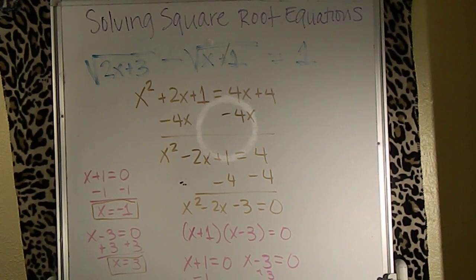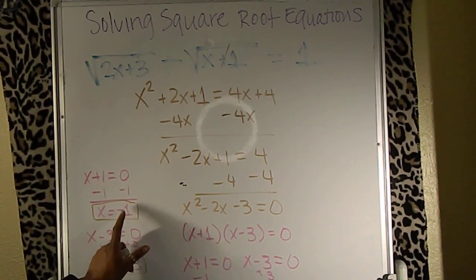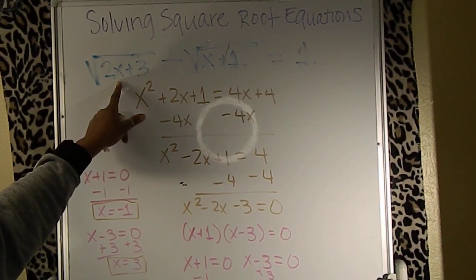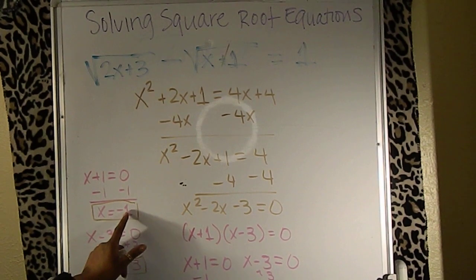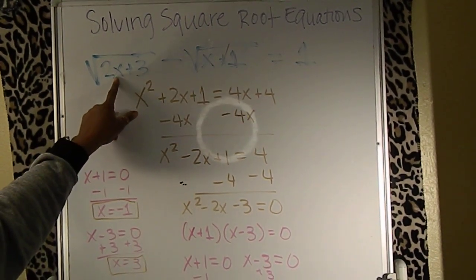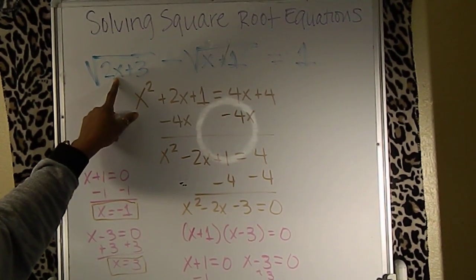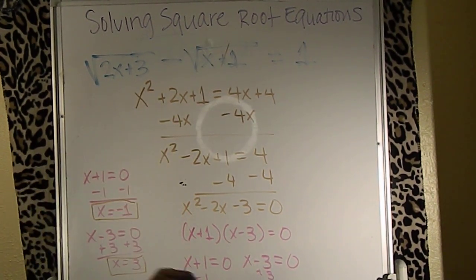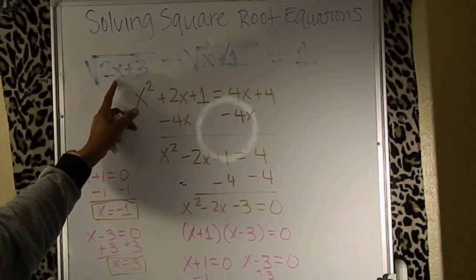And so technically, just so you know, you could take each of these values and substitute it back in here and see which one makes a true statement. So negative 1, 2 times negative 1 is negative 2. And negative 2 plus 3, my signs are different, so I'm going to subtract my values. 3 minus 2 is 1. 3 is positive, so it's positive 1.